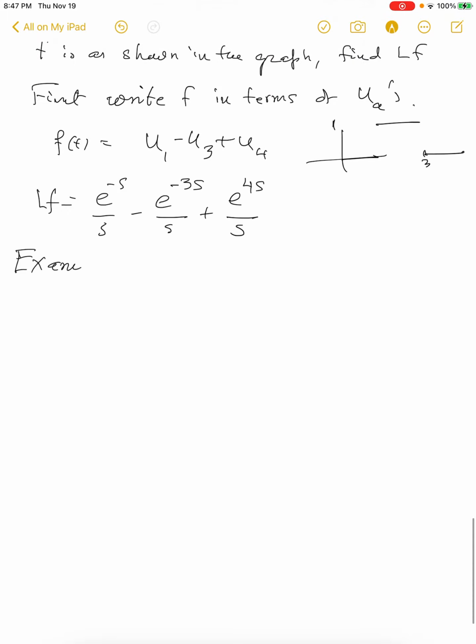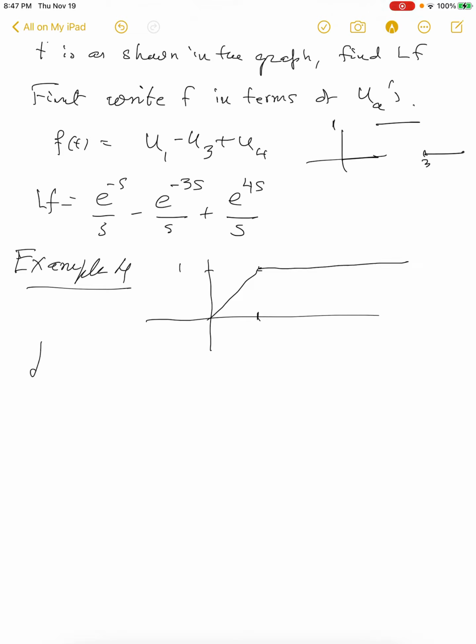Now let's do something like this. Example 4. Let's take the function whose graph is like this. So this is the point 1. Let ft be as shown.